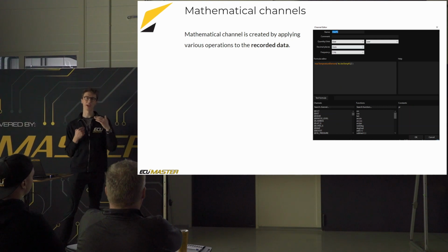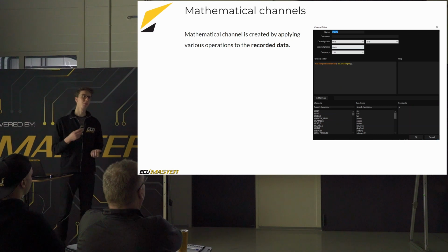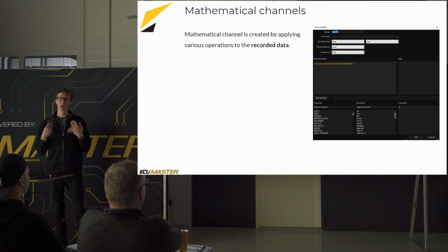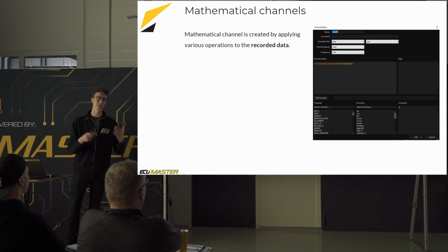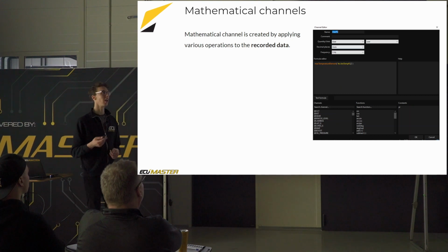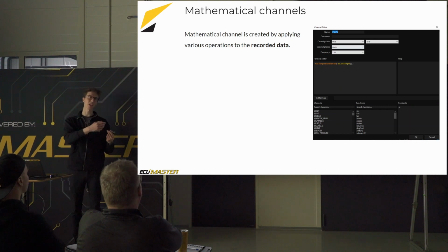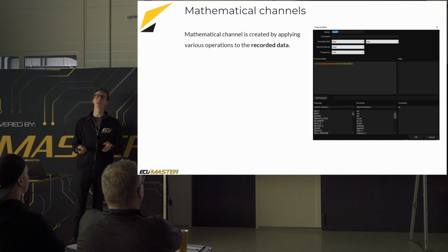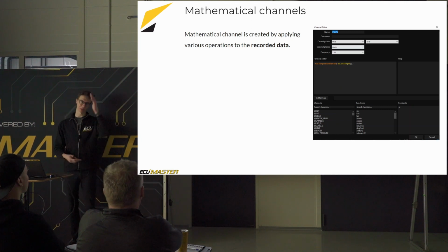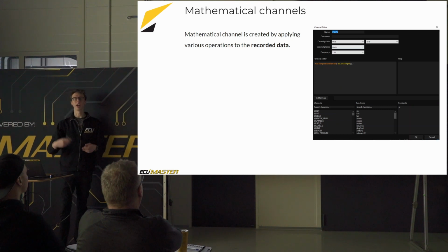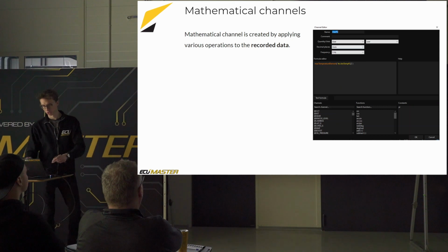Of course, we would be able to define such a channel in the ADU, but we may have forgotten, or the customer didn't have it set up properly. Math channels in the Data Master work on the recorded data and use it to calculate new fields. It works basically like a new column in Excel, right? We have the column with the data, we do some operations, and we gather a new data set.